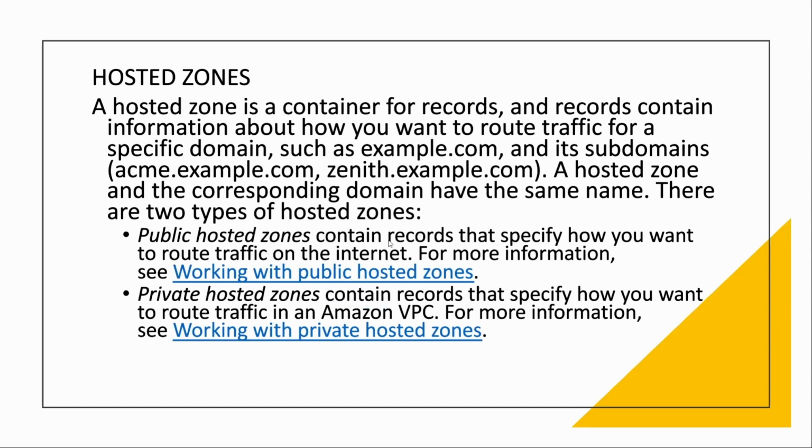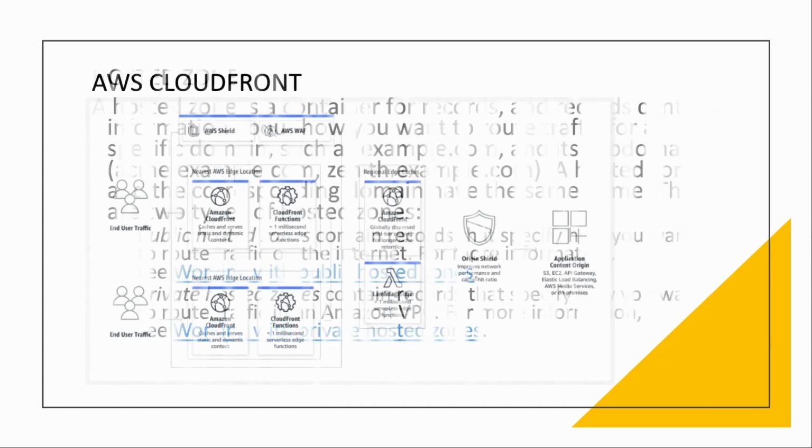So public hosted zone contains records that specify how you want to route the traffic on the internet. And what private hosted zone will do is it will see how to route the traffic in the Amazon VPC, not on the internet. Okay, that's the difference between private and public hosted zone.